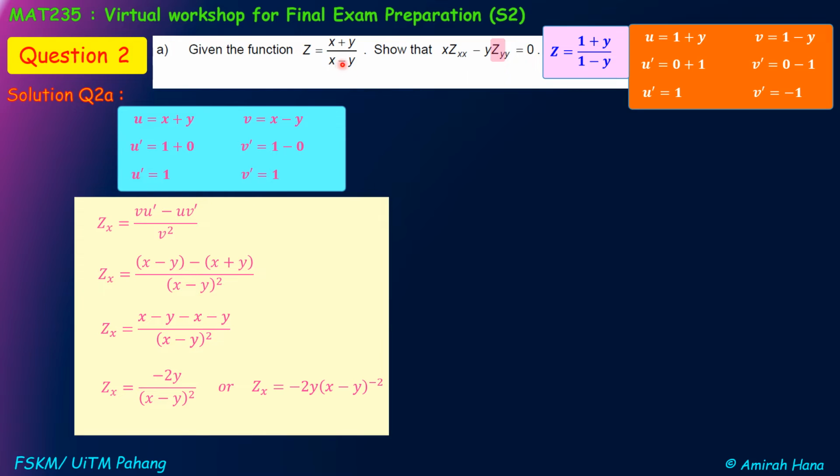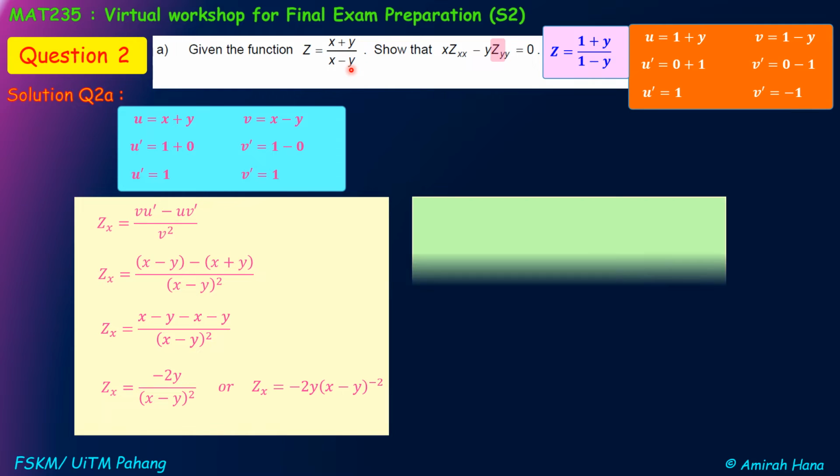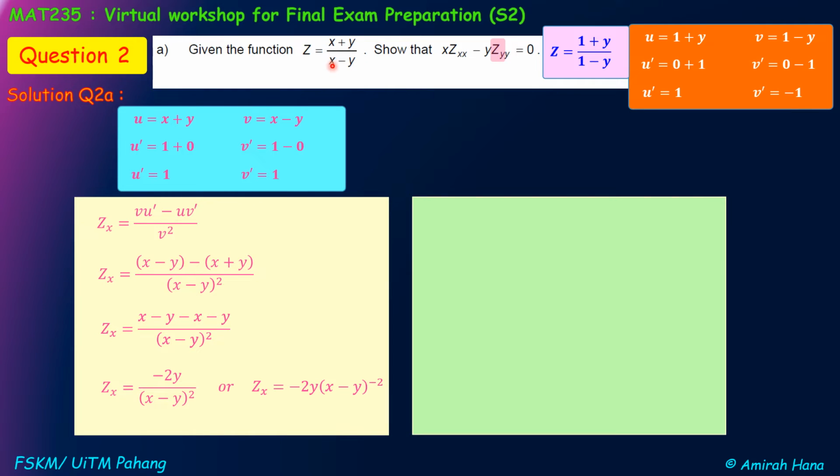Same goes if z equals x plus y over x minus y, and we treat x as a constant. Using the quotient rule formula, zy equals vu prime minus uv prime over v squared.